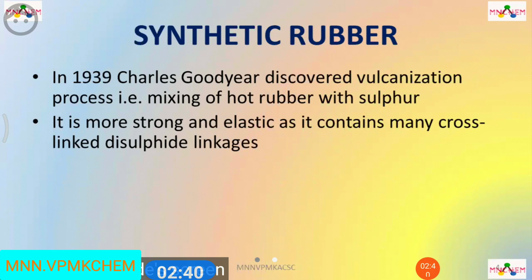So when natural rubber is vulcanized with sulfur, many cross-linked disulfide linkages are formed, and the rubber becomes stronger and its elasticity is increased.